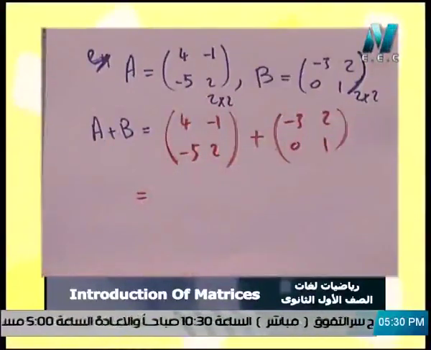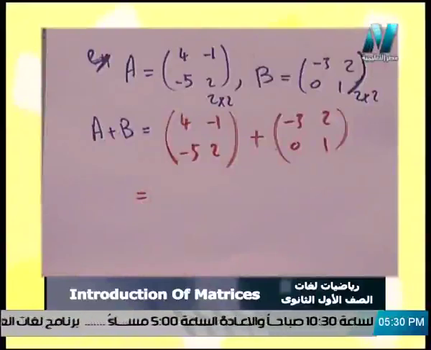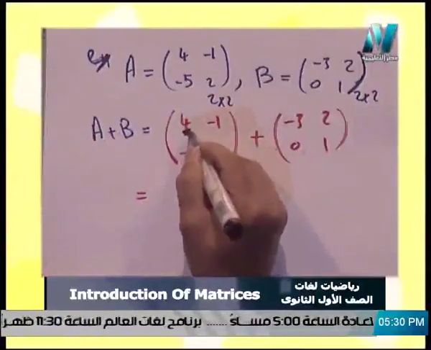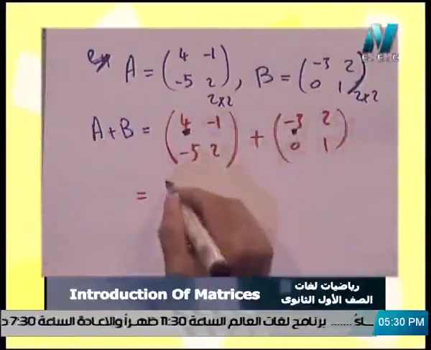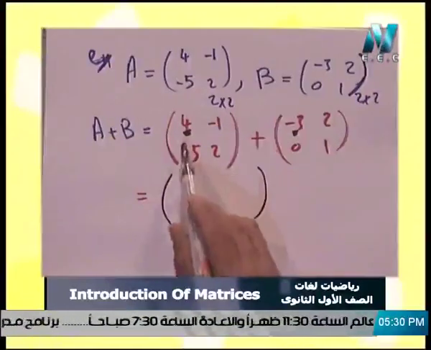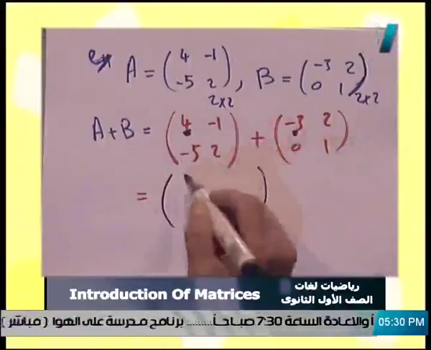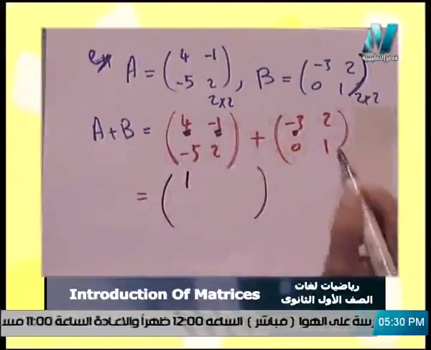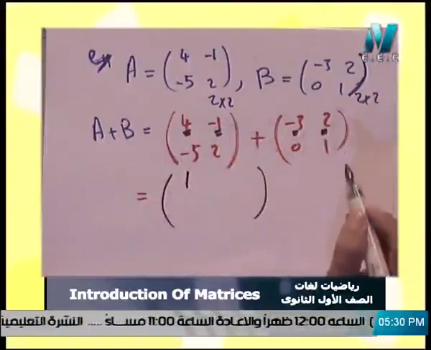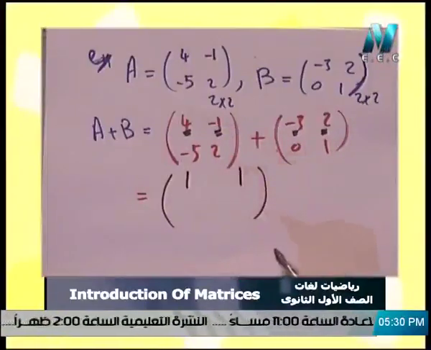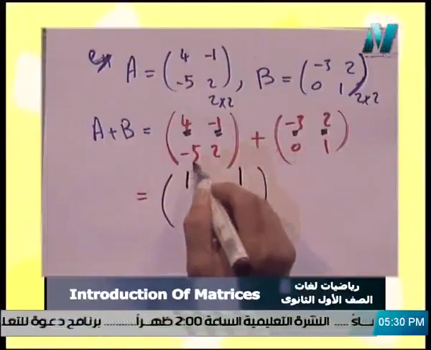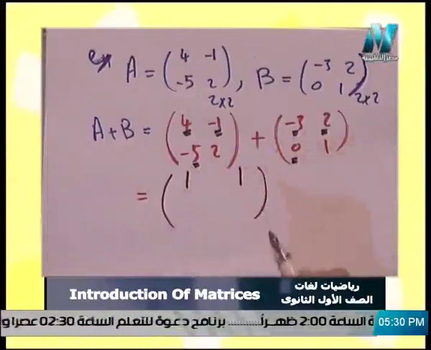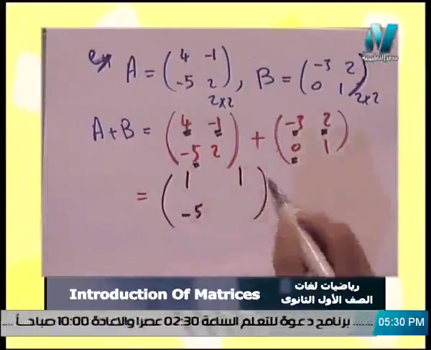And we will add the element 4 with the element -3. Concentrate well with me. 4 plus -3 equals 1. And also we will add -1 plus 2. The answer will be 1. We will add -5 with 0, which is -5.